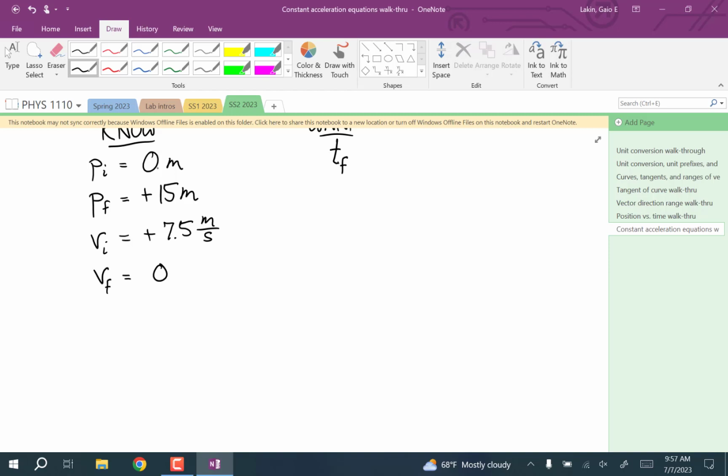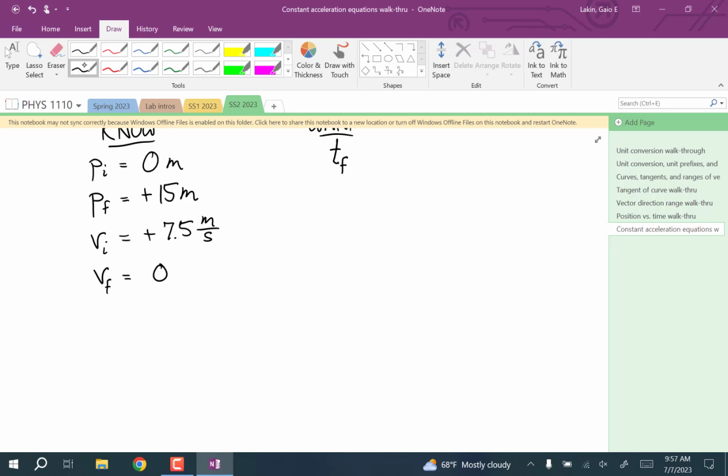The answer is no. There's nothing that'll let us solve for TF yet. So when that happens, what we are going to either look for is an equation that lets us solve for TF or an equation that lets us solve for A. Well, we already know we can't solve for TF.